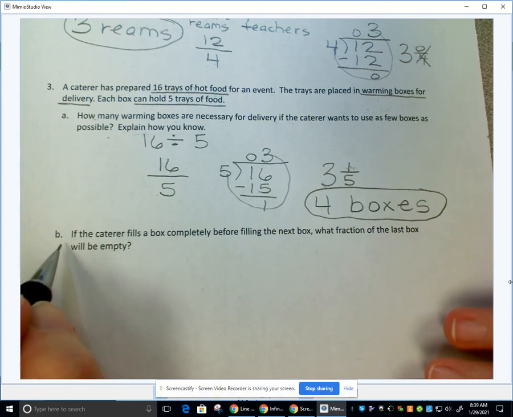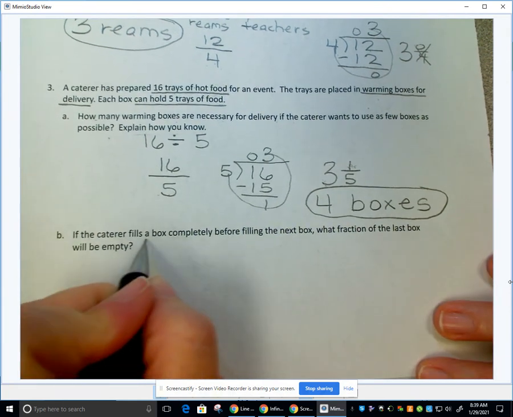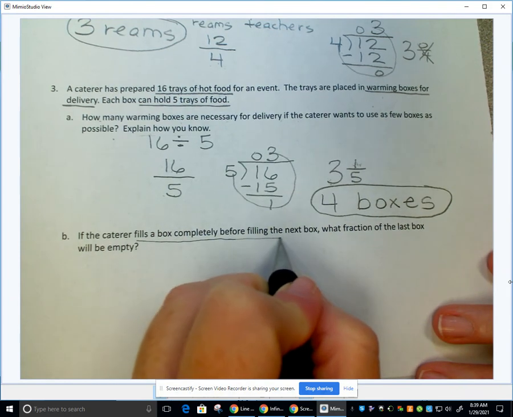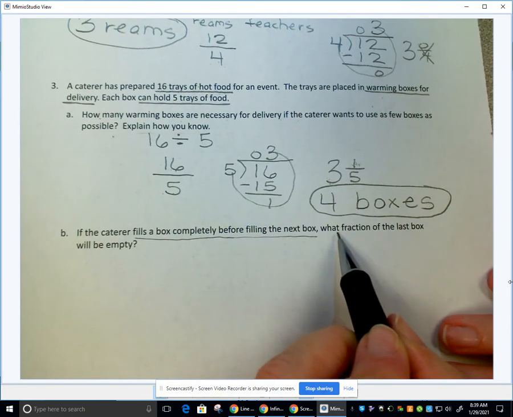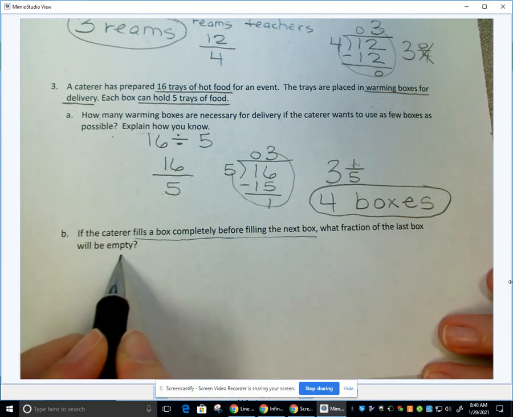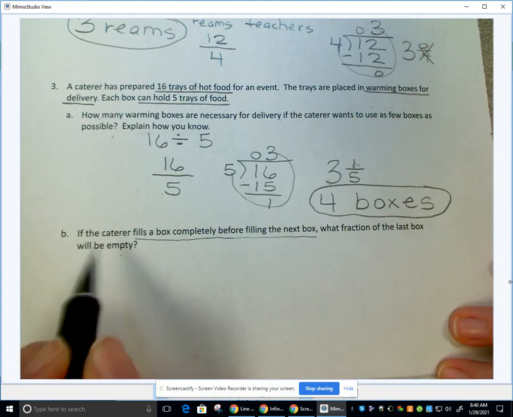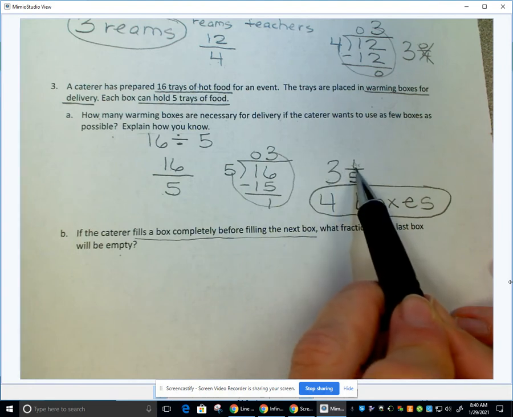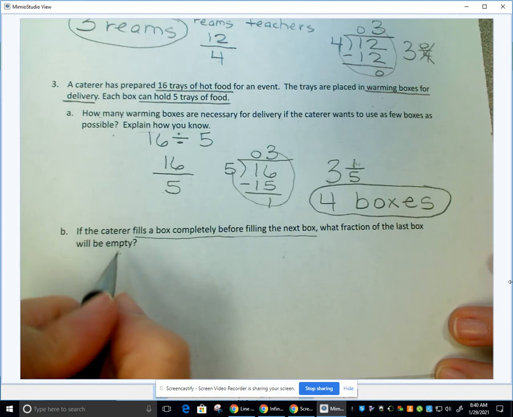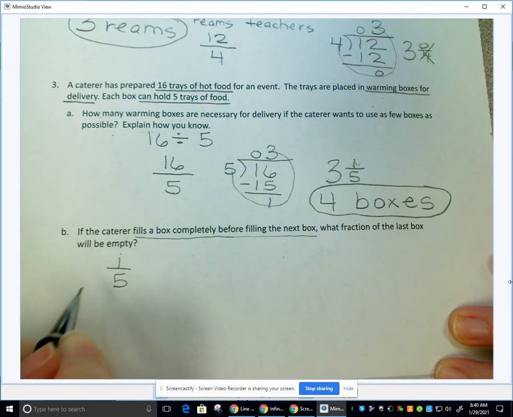Now, last one. If the caterer fills a box completely before filling the next box, what fraction of the last box will be empty? Well, remember, we know the last box had 1/5 in it, didn't it? The last box had 1/5 in it.